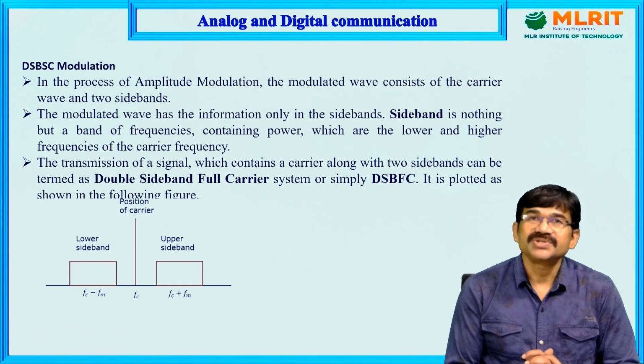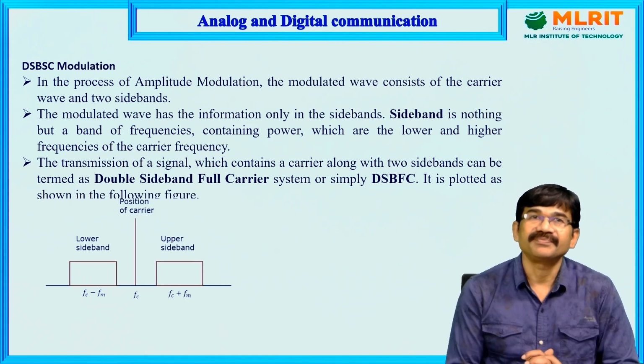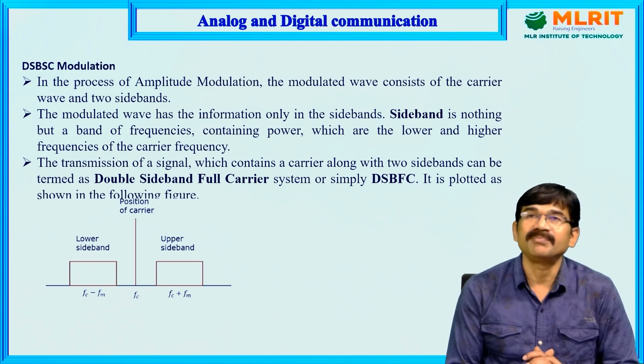The transmission of a signal which contains carrier along with two sidebands is termed a double sideband full carrier system, or simply DSBFC, which is similar to the amplitude modulation technique.